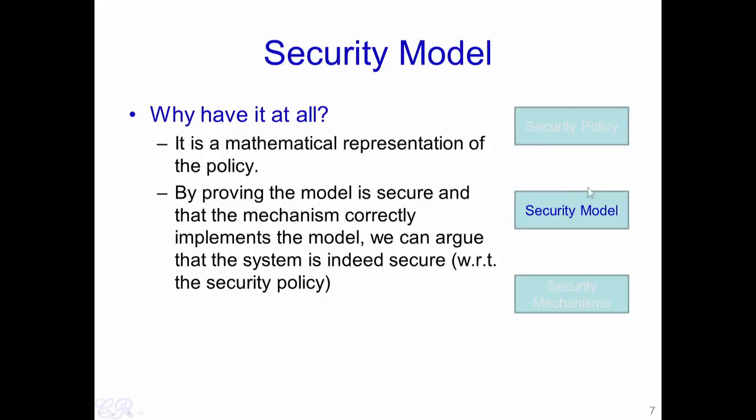In this way, any gaps in the security policy would be detected. And secondly, we could also use tools and techniques to argue or prove that the system is indeed secure with respect to the security policy that was defined.